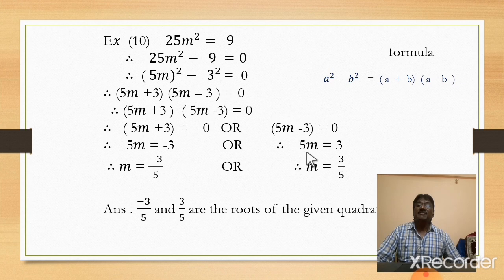By the same way, here 5m minus 3 is equal to 0, then 5m equal to minus 3 becomes plus 3, and therefore m equal to 3 upon 5. Therefore, minus 3 upon 5 and 3 upon 5 are the roots of the given quadratic equation.